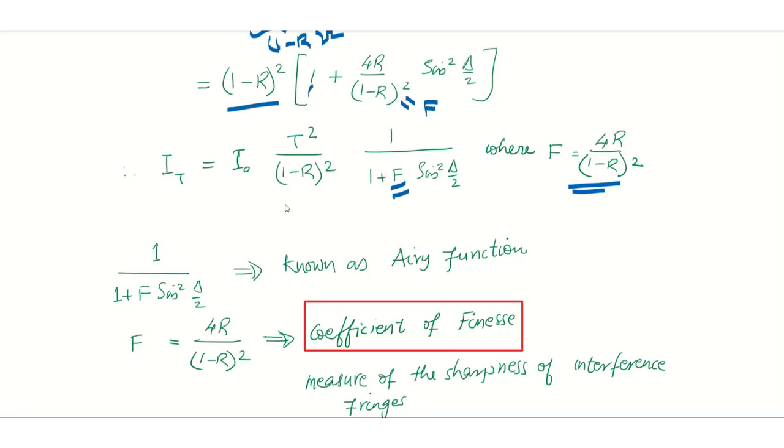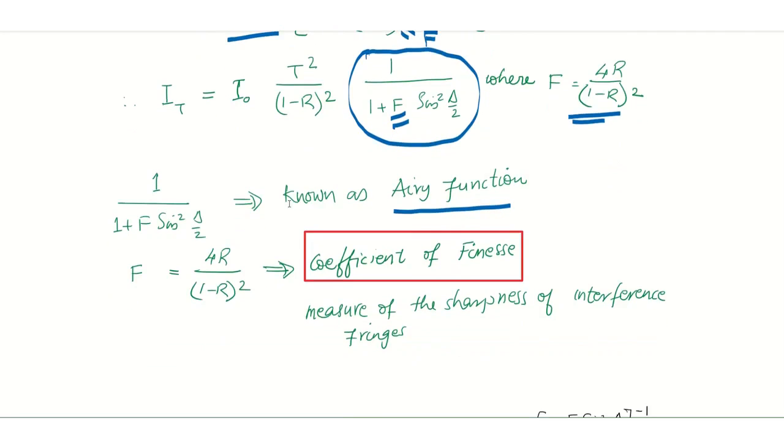The whole thing here is called an Airy function. You may know that it's a very famous function. And f is called the coefficient of fineness.